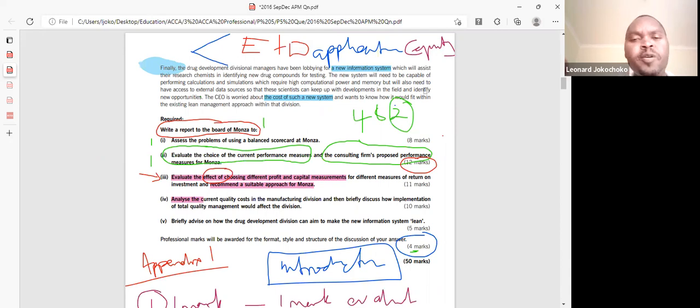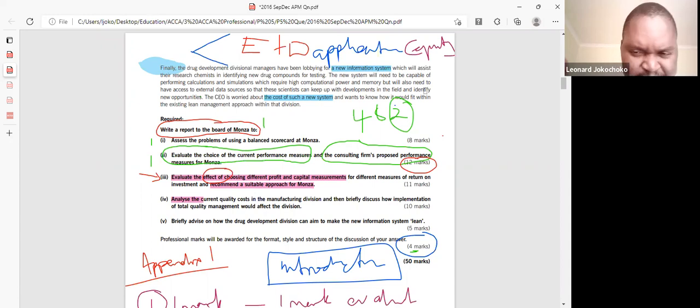In particular, from financial theory, if you did financial management, you will remember that it is good for a company to use high debt or high gearing. When you have high debt, it means that the weighted average cost of capital is going to be low. So we expect the company to have a high return as a result of using high debt.